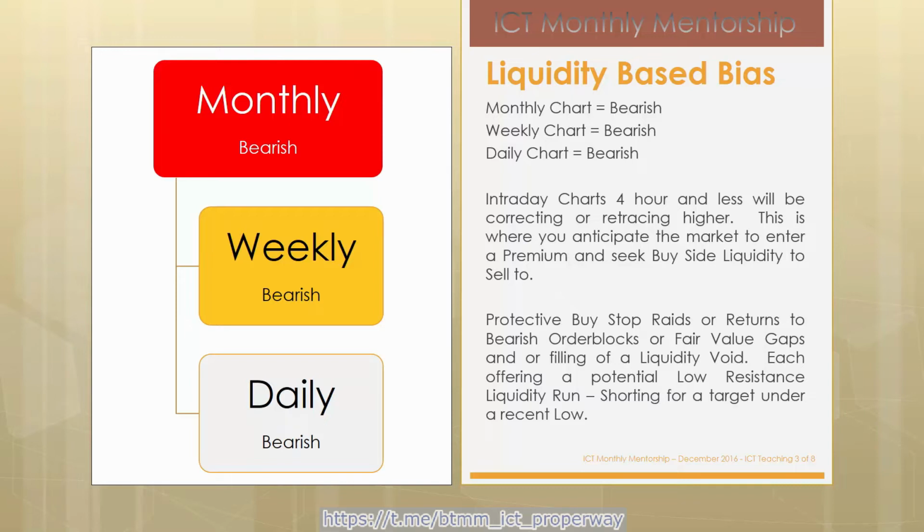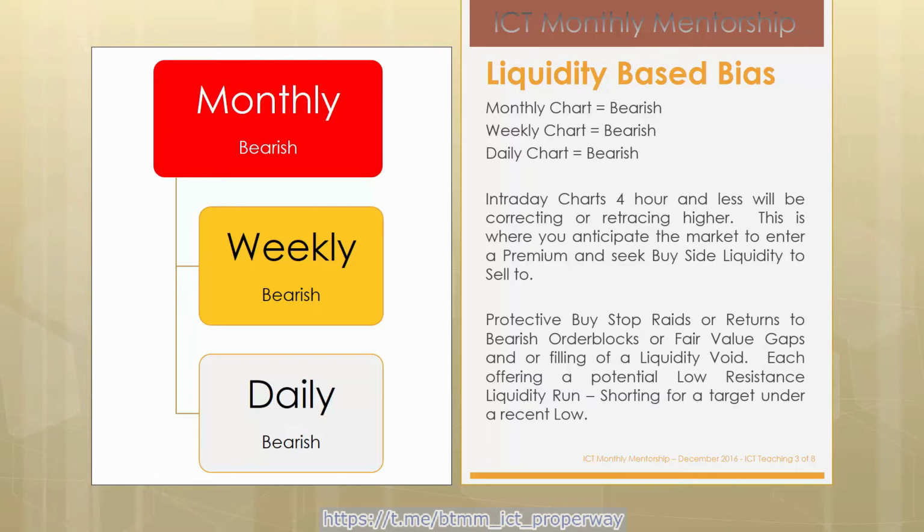Primarily, you're going to be trading in the direction of the monthly chart, because that's where the large funds and institutional order flow is going to begin. And then it moves down into the weekly chart, then it moves down into the daily chart. The daily chart is the most dynamic of these three time frames, and you'll see a lot more trades that actually counter long-term higher time frame institutional order flow.